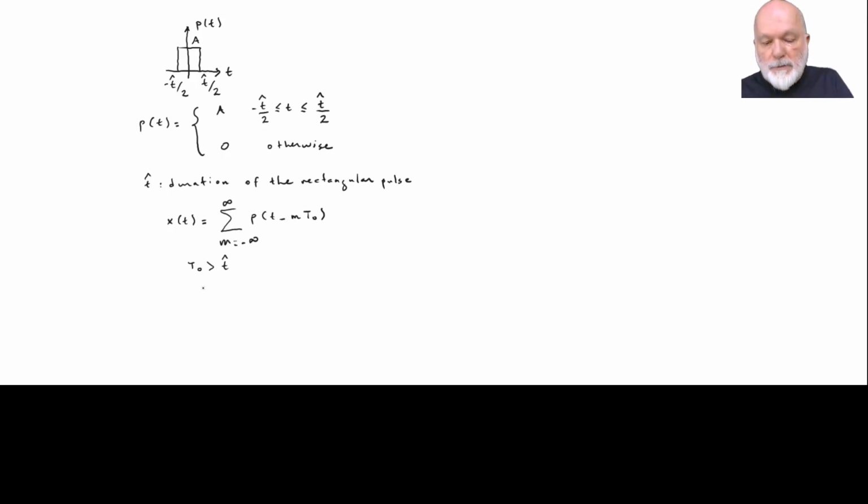Okay, so if we draw the graph, our x of t will be the periodic signal, which is obtained by repeating the rectangular pulse with a period t0.